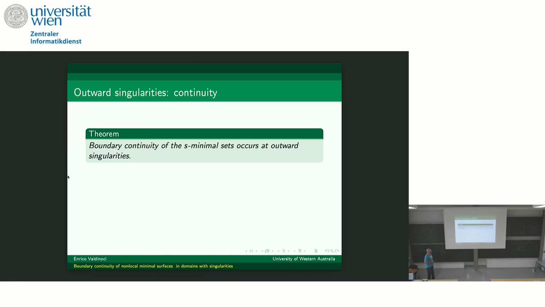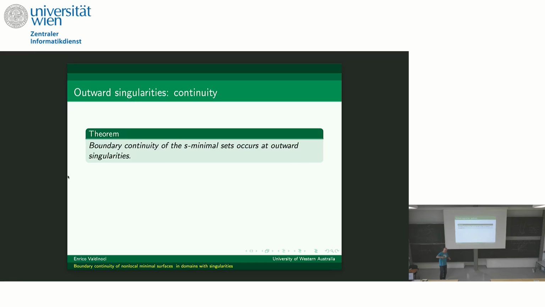First of all, for outward singularities, for instance in particular for corners going out, you have that S minimal graphs are continuous at those points. Of course, at other points at the boundary, they may well be discontinuous, so the continuity and the stickiness depends on the point you are looking at.